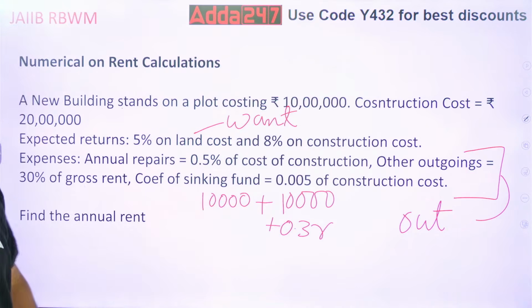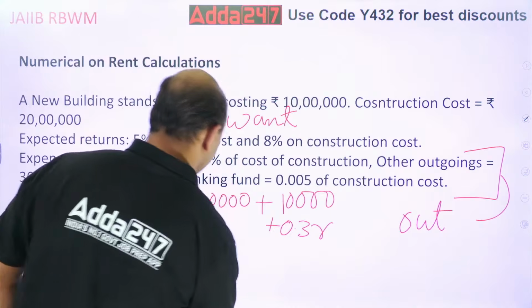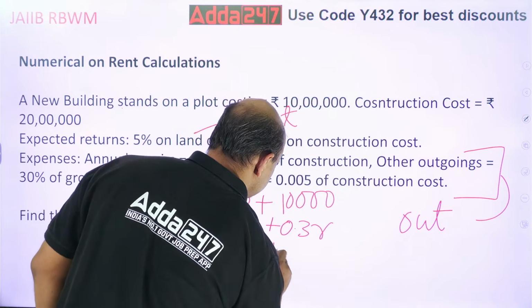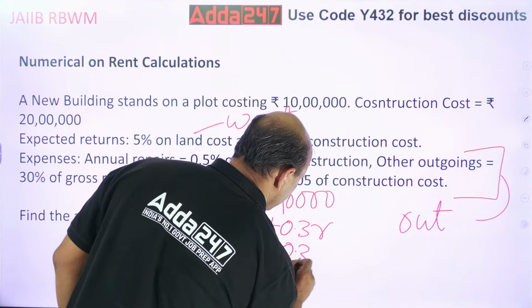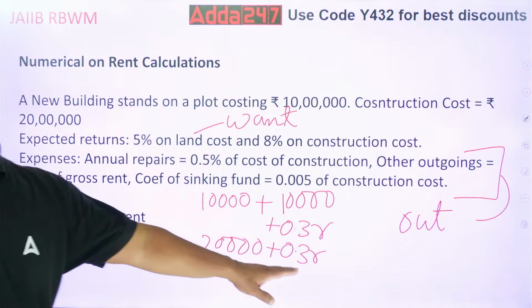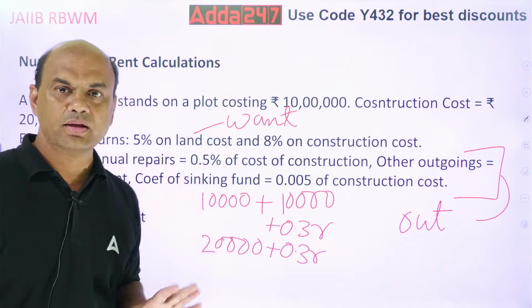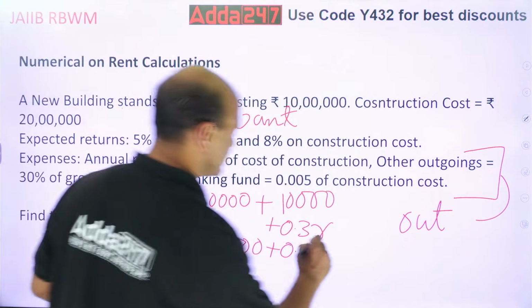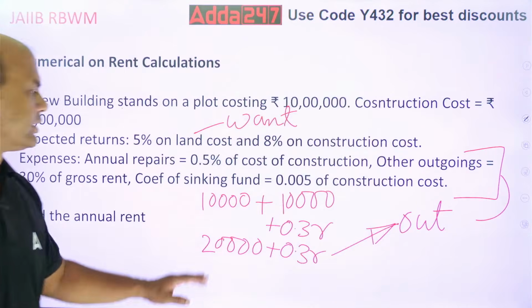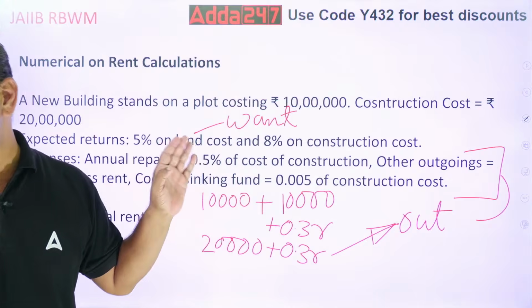Got it everyone? So add this. This becomes 20,000 plus 0.3 into R. This much is going out.